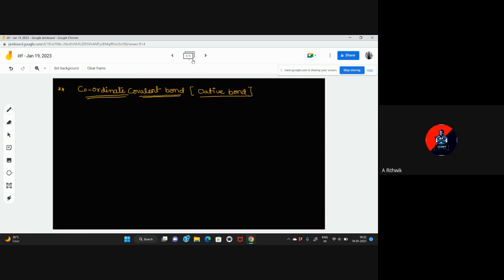The two atoms will share electrons. So mutual sharing and mutual contribution, right? In coordinate covalent bond, what will happen? In this type of bond, one atom will give 2 electrons, and the other atom is going to accept.